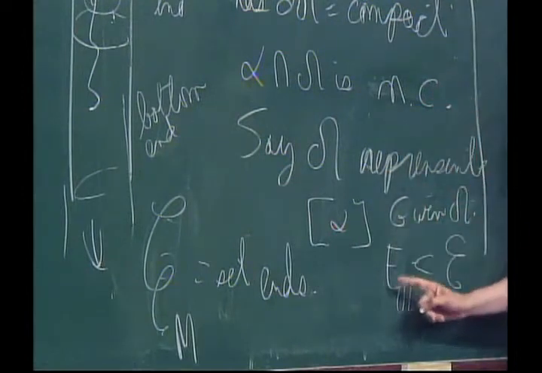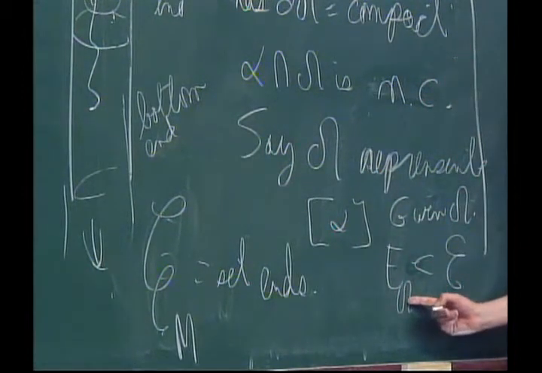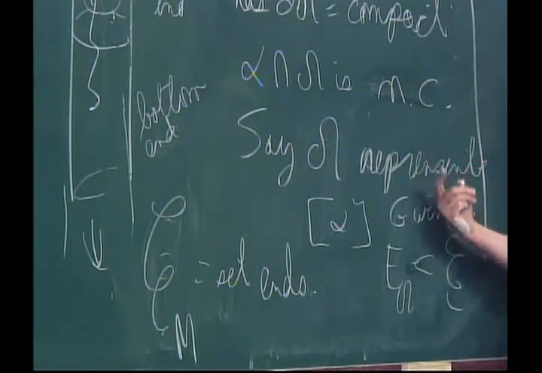So you pick a domain that's proper, then you look at all of the equivalence classes, all the ends that somehow are in there.